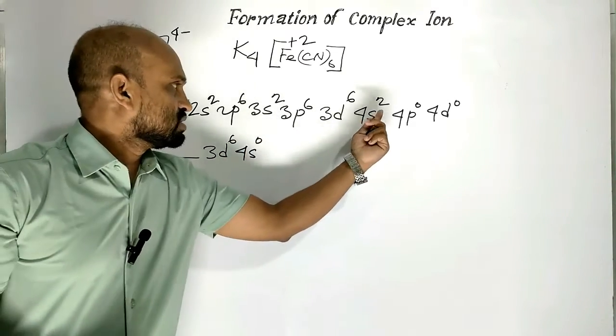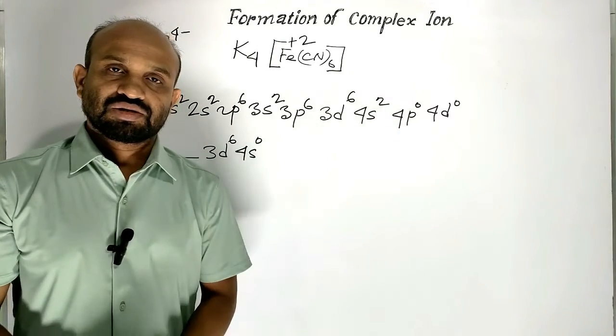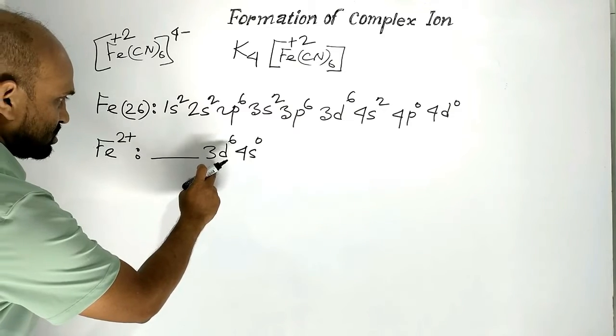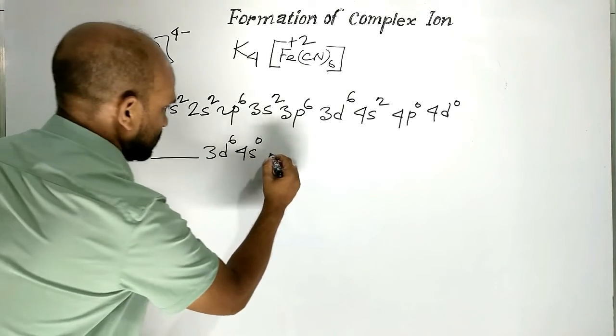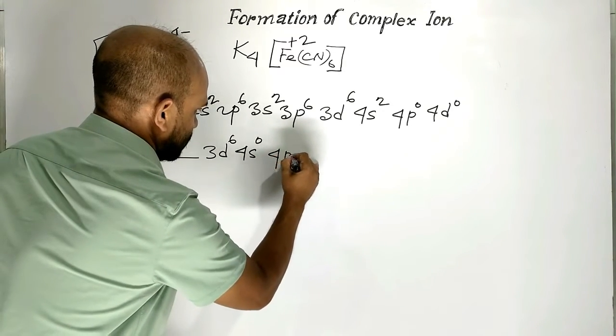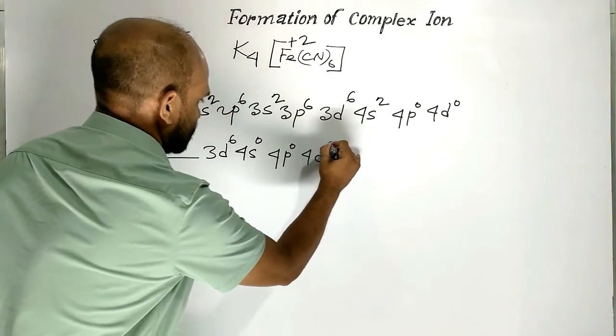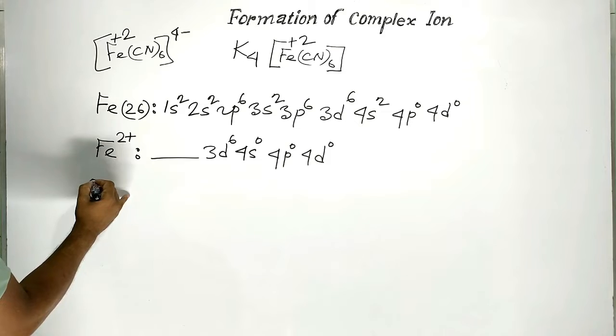That is, these 2 electrons have been removed. So 3d6, 4s0. After that 4p0, here 4d0.